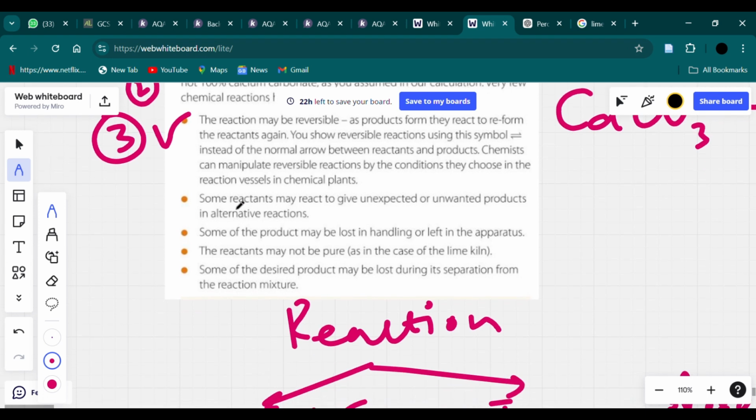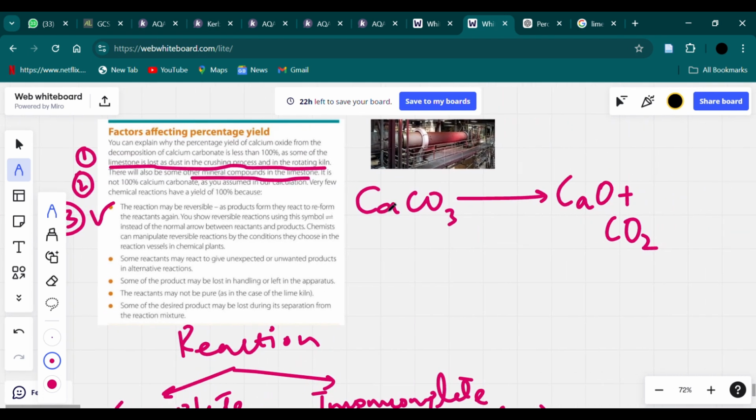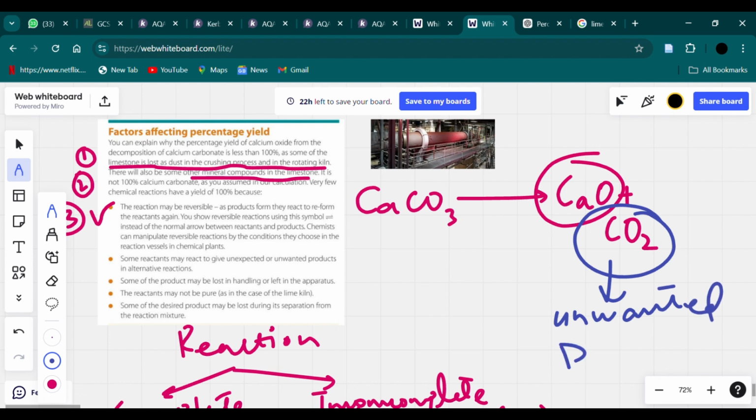Our fourth reason is that some reactants may react to give unexpected or unwanted products in alternative reactions. For example, calcium carbonate decomposes into calcium oxide and carbon dioxide. The product that we require in this reaction is the calcium oxide; we don't need the carbon dioxide, so this carbon dioxide is an unwanted product, and the calcium oxide is the required product.